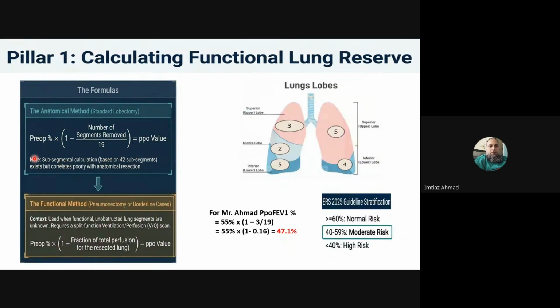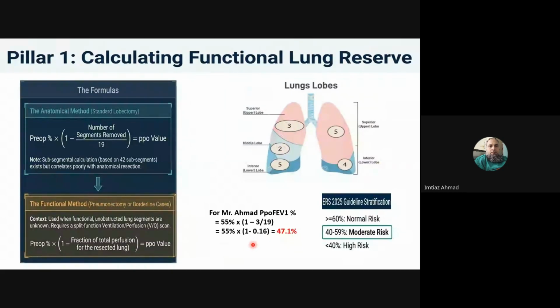In this formula, the preoperative percentage value is multiplied by 1 minus number of segments removed, divided by total segments, which is 19. As you can see, there are total 19 segments, 9 on the left side and 10 on the right side. This patient is scheduled for dissection of these 3 segments, that is right upper lobectomy.